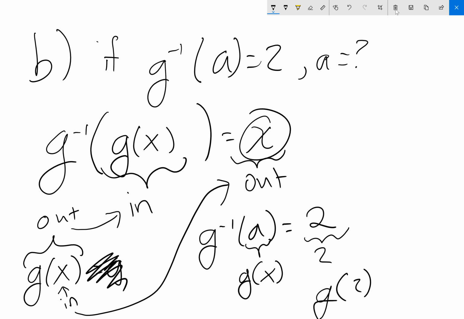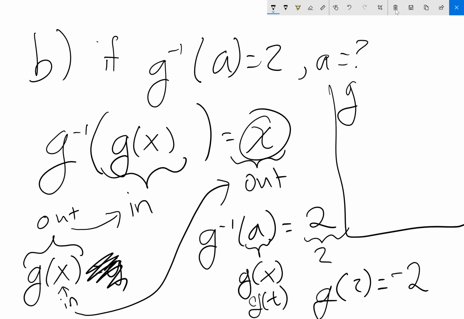G of 2 equals, let's see, in this case our input is really t. So we'll look at the table: when t equals 2, G of t equals -2. So if we did G inverse of -2, does it equal 2? Let's check.